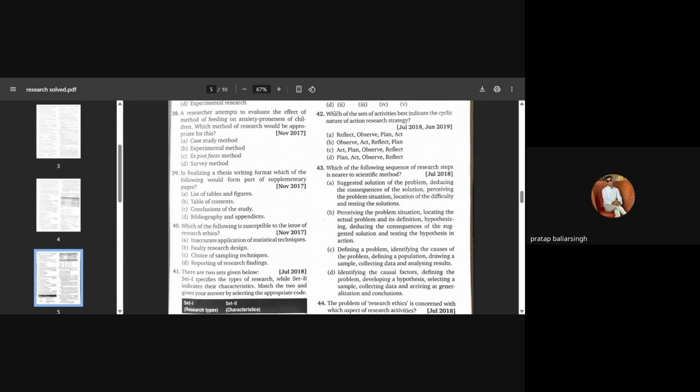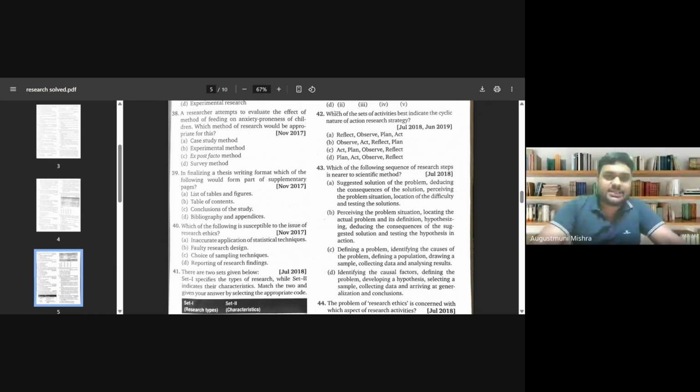D, sir. Which question, sir? 38. Okay, 38 answer is C. Ex post facto method, which we have discussed previously, is a quasi-experimental study where we are talking about the effect of the dependent variable on the independent variable. So the answer is C, ex post facto method.